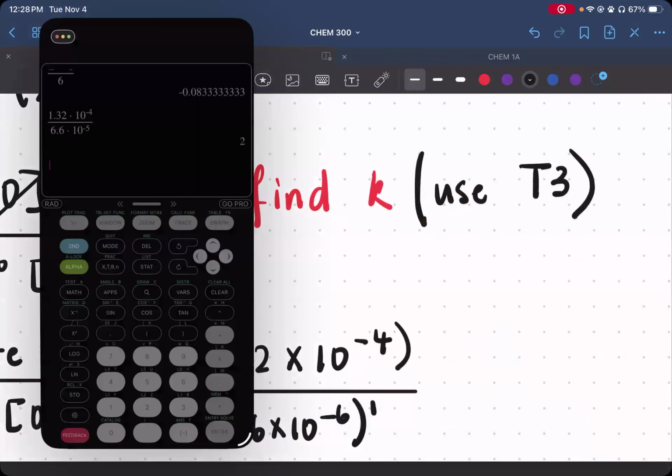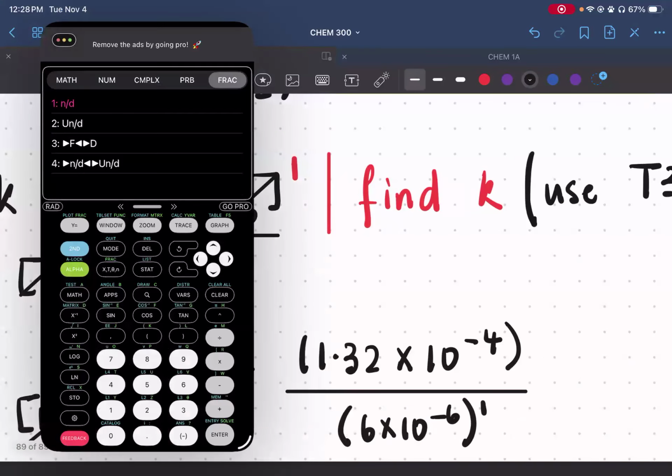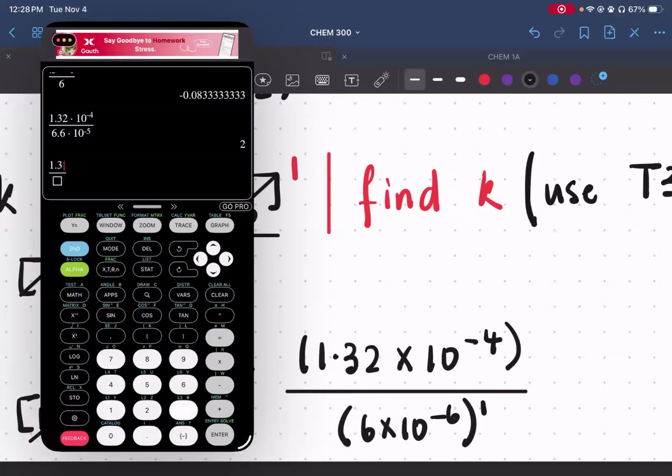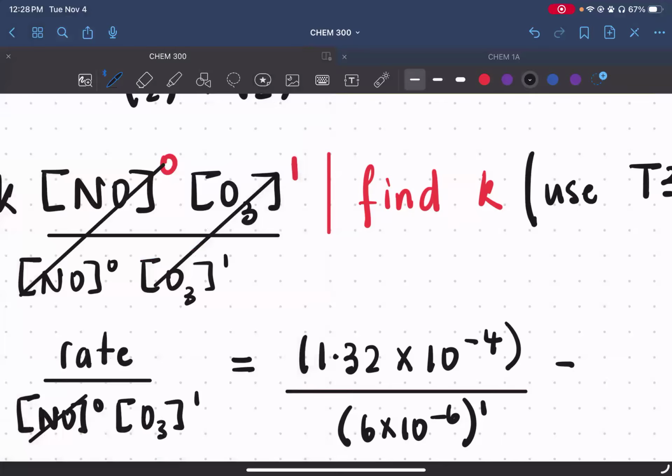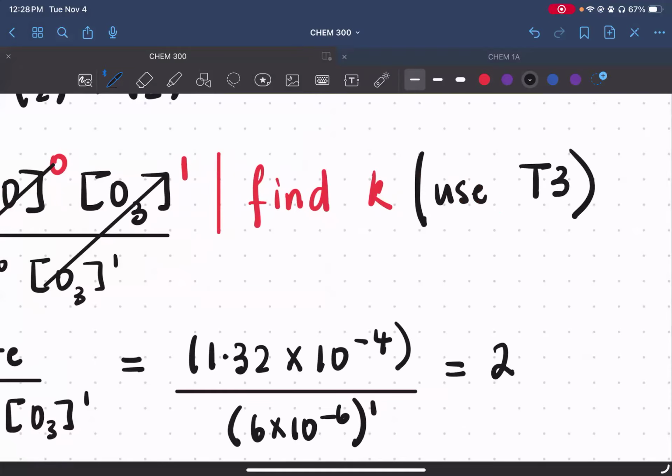Now we're going to do our calculation. 1.32 times 10 raised to the negative 4 divided by 6 times 10 raised to the negative 6. Anything to the 1 is itself, so I don't need to purposefully square it or anything. I see here that this is equal to 22.